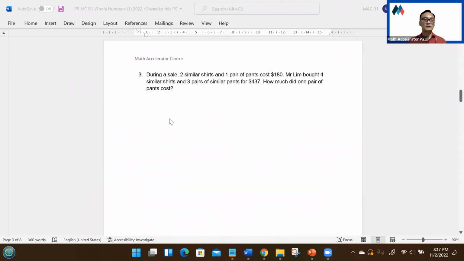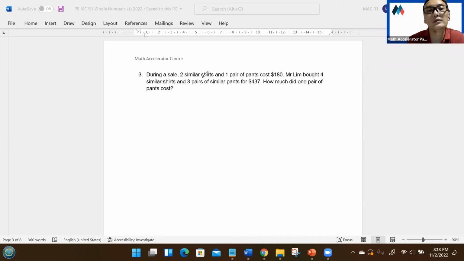So in this question, this is also related to simultaneous equations. It says that during a sale, 2 similar shirts and 1 pair of pants cost $180. Mr. Lim bought 4 similar shirts and 3 pairs of pants for $437. How much did 1 pair of pants cost? So in this question, we need to identify the 2 items.